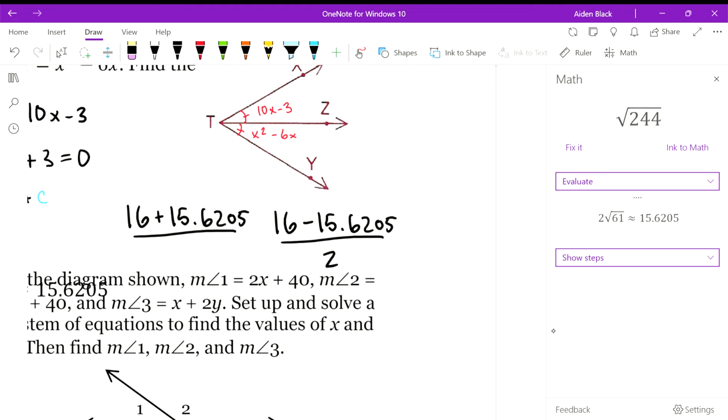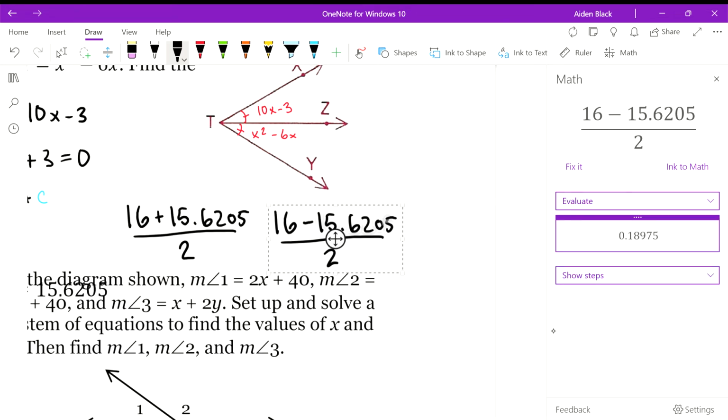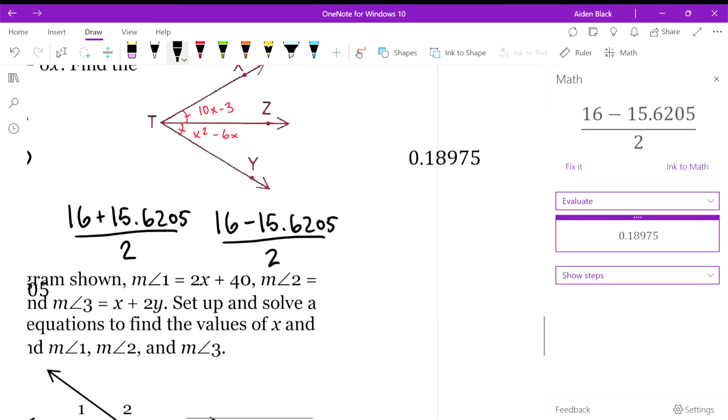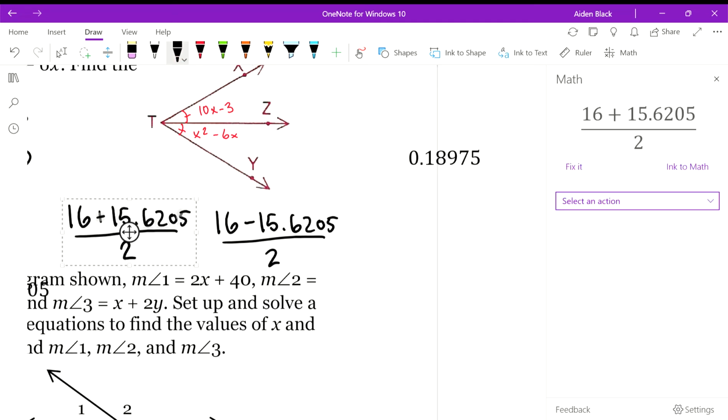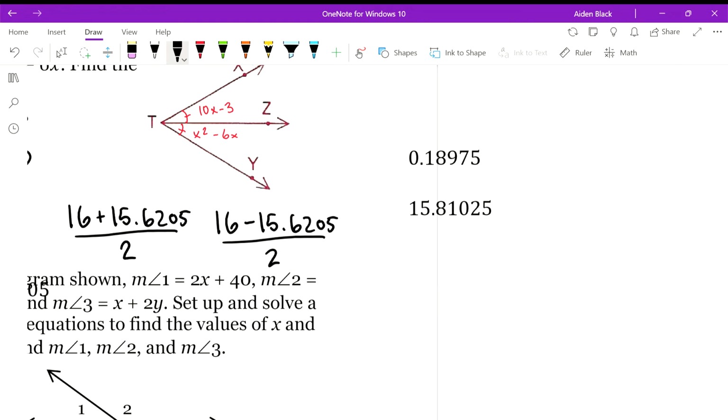Maybe we'll just do this. See if we can evaluate this. So 0.18975, and for this one we have 15.81025.